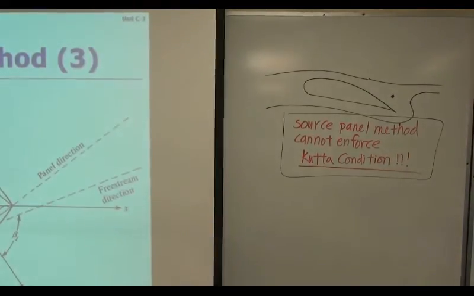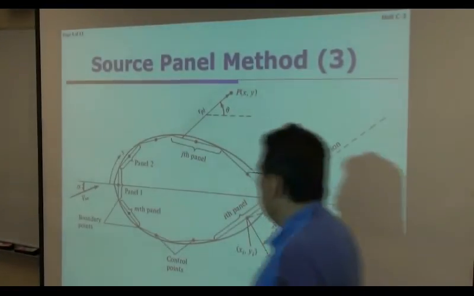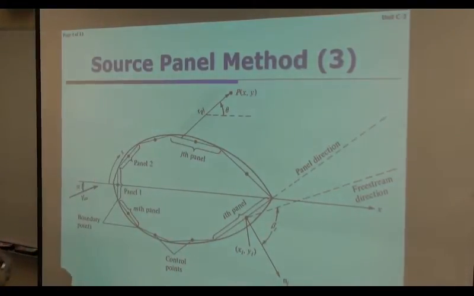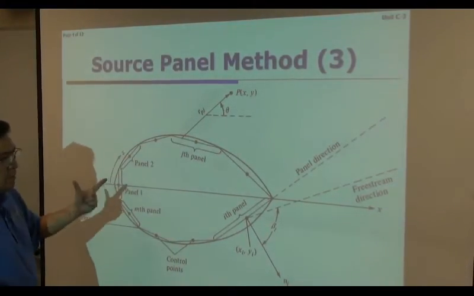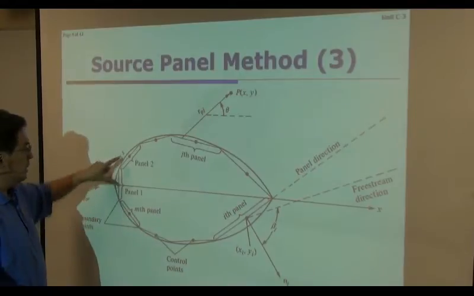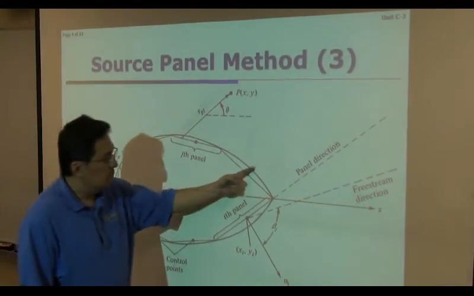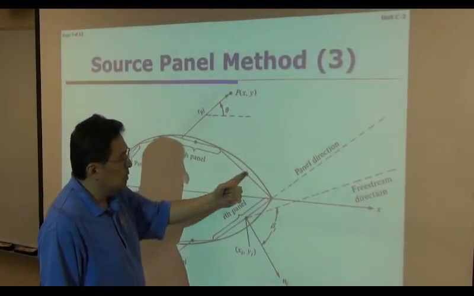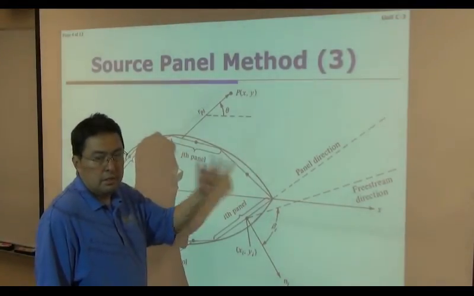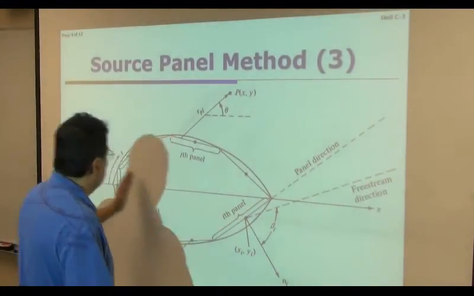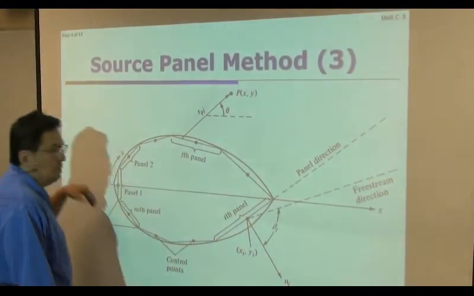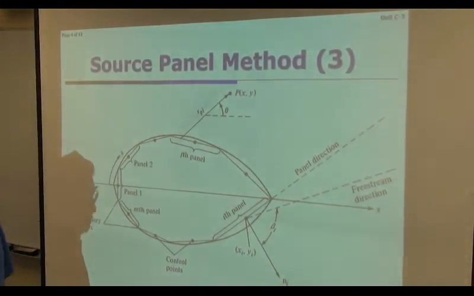This basic idea is good: you create each panel using a source panel and then adjust the magnitude of each panel so that the velocity perpendicular to each panel's control point is equal to 0, so that the surface of this body becomes a stagnation streamline surface.